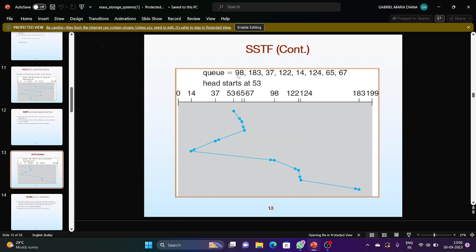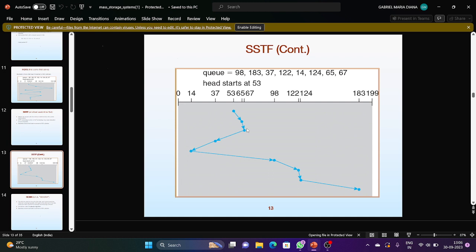The read write head initial state is 53 here, so whichever is closer to 53 will be served first. Here the processes 65 and 67 are closer to 53, so 65 and 67 are served first.